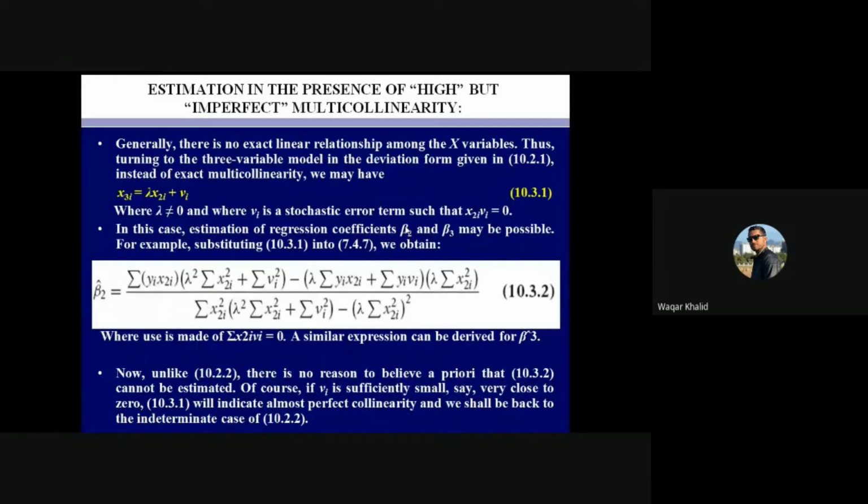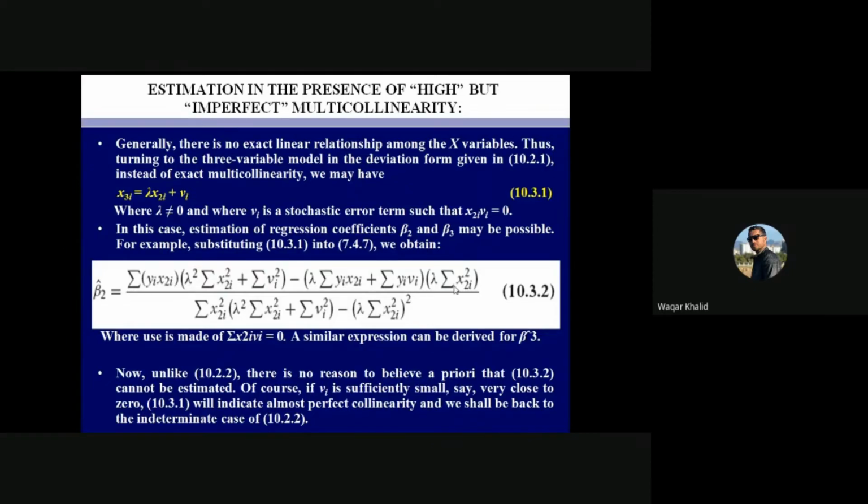The case of near multicollinearity means you add the vi term, the stochastic disturbance term. So in this case, you can calculate beta 2 and beta 3.